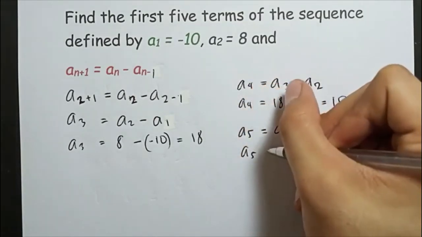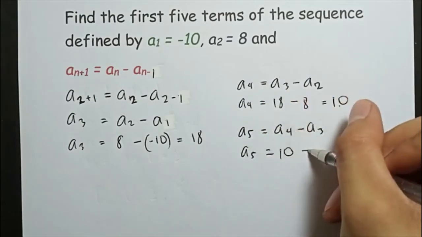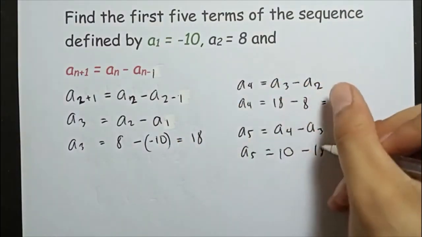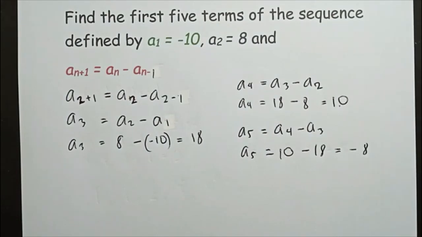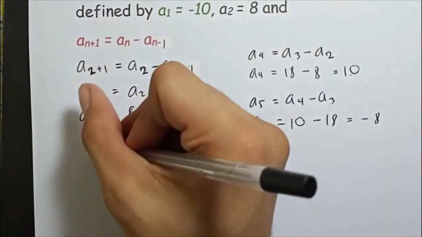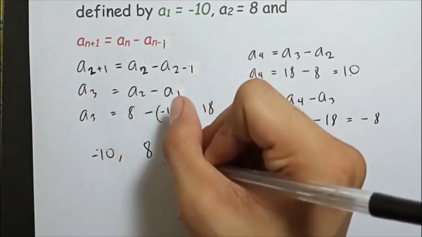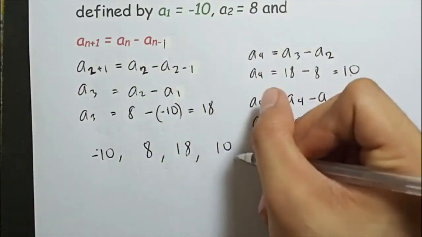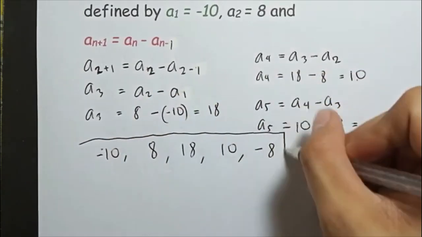Then, a sub 5 will be equal to, a sub 4 natin is 10 minus a sub 3 natin is 18. 10 minus 18 is negative 8. So, try natin sulat. First term is negative 10. Second term is 8. Third term is 18. And the fourth term is 10. Last term, which is term number 5, is negative 8. So, ito yung sequence natin.